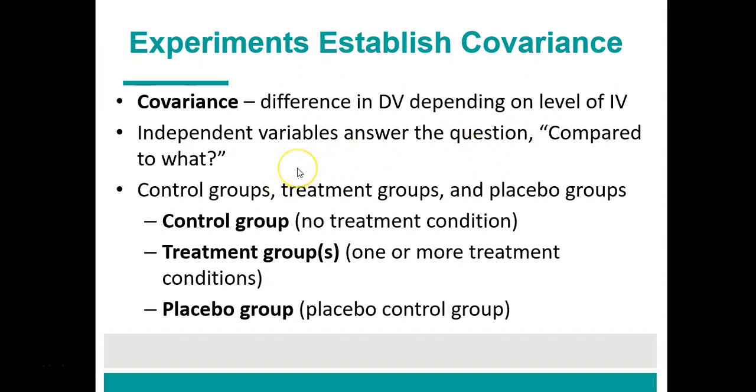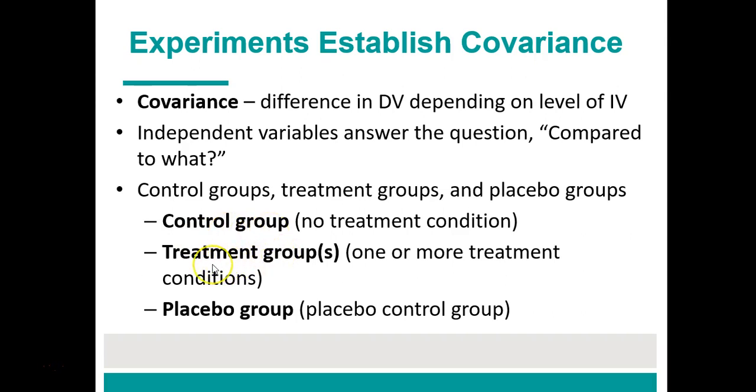The idea that we must have a comparison group, that it's not good enough to just look at one group, have one group of children watch Cops, see how aggressive they are and make some conclusion. We compare because we have different levels of the independent variable. And we compare our experimental group to a control group. That would be someone who gets no treatment.